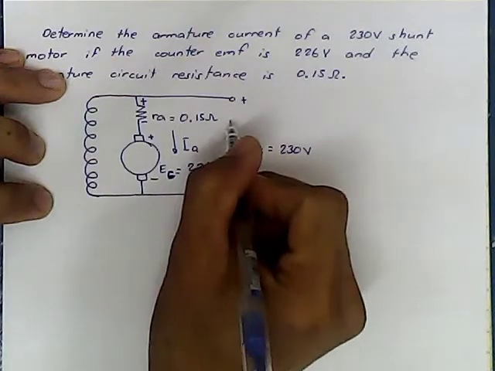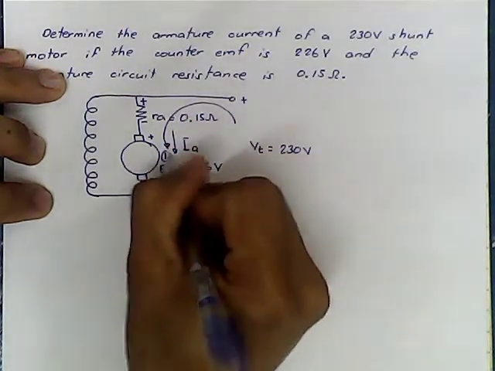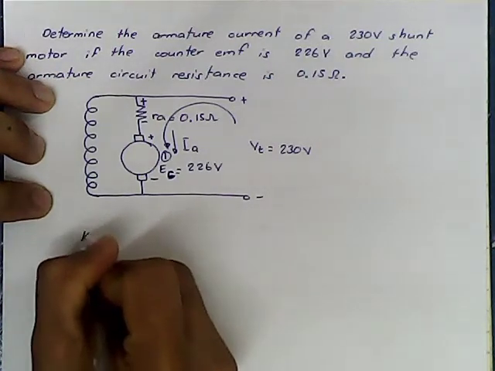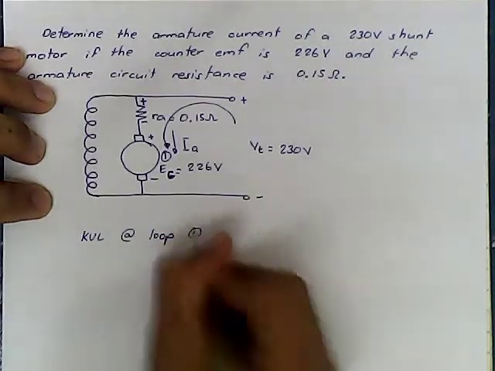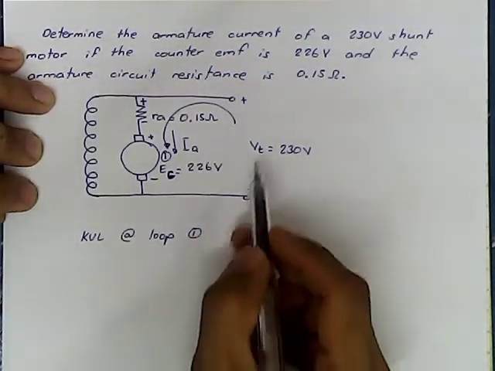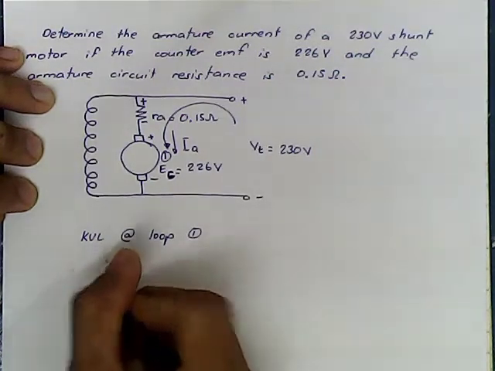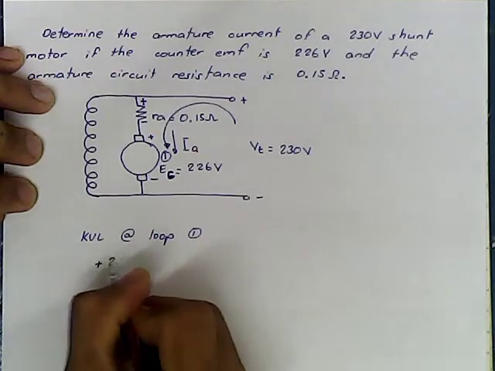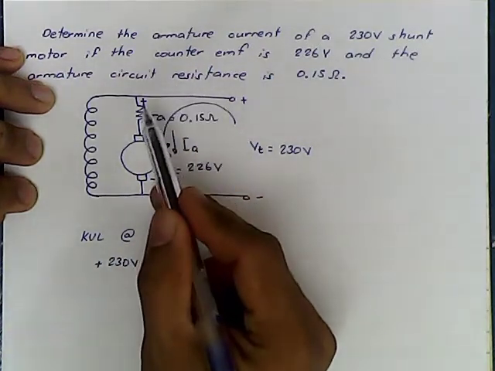Now, to solve this, let's make a loop. Let's say that is loop number 1. So, KVL at loop number 1. Let's start with VT, that is positive 230 volts. Then we pass through RA multiplied by IA.